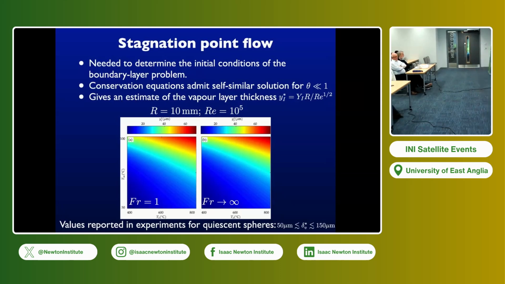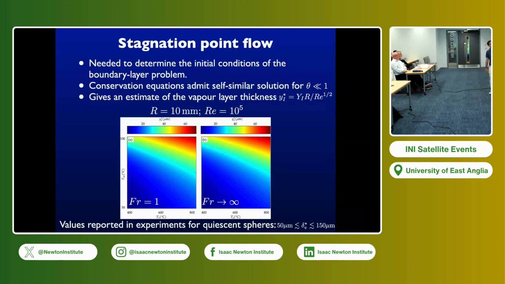Here I'm illustrating a parametric sweep. On the x-axis I have the temperature of the sphere, which goes from 400 degrees Celsius to 800 degrees Celsius, and the temperature of the liquid. We see two cases: when the Froude number is equal to 1, and when buoyancy is negligible.